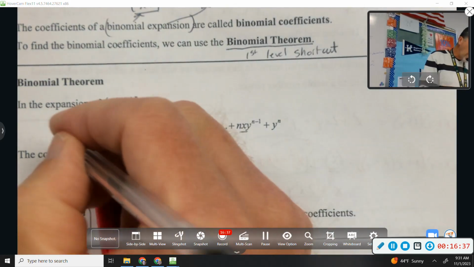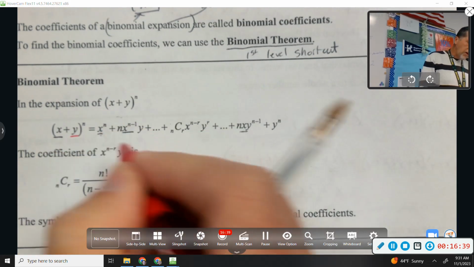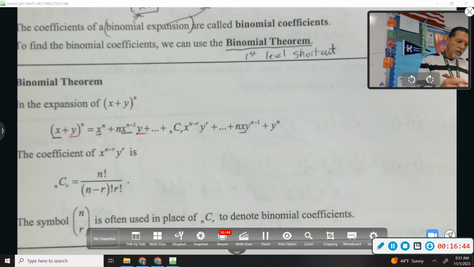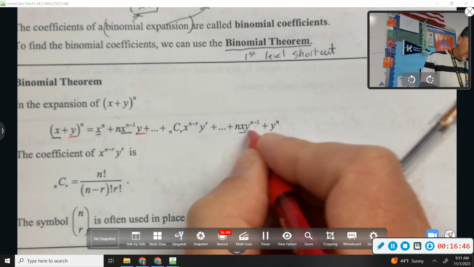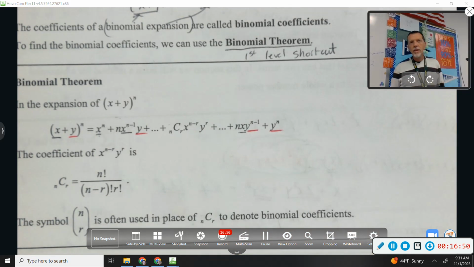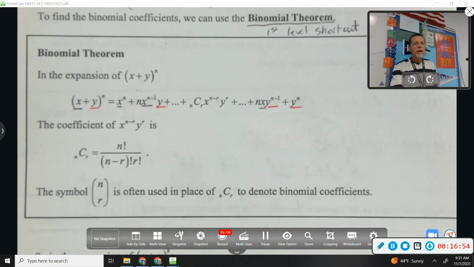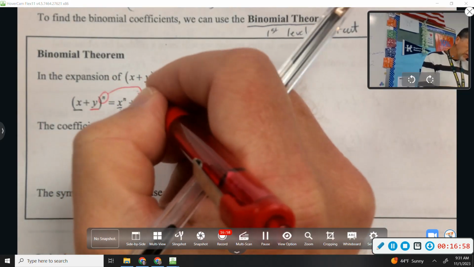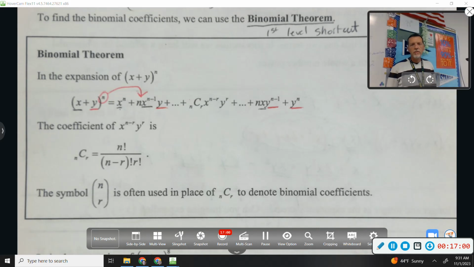If you look at the y's, there aren't any y's, and then there's a y to the first, and a y to the second, and a y to the third, and then toward the end, you're one short of the whole thing, and then y to the n. So the power stuff, we picked up on that pattern. We also got that n, the power, is that second coefficient. What we don't know yet is this thing in the middle.